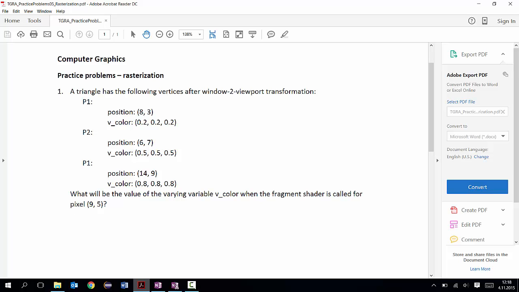We're going to interpolate the color from P1 and the color from P2 in the same way as we interpolated the x value from P1 and the x value from P2. So then we interpolate the color from P1 and the color from P3 in the same way as we interpolated the x values from P1 and P3. We have 0.2, 0.5, and 0.8.